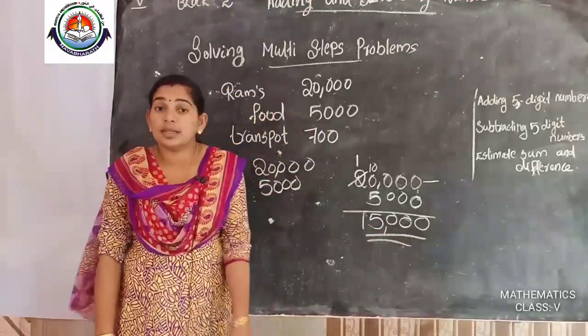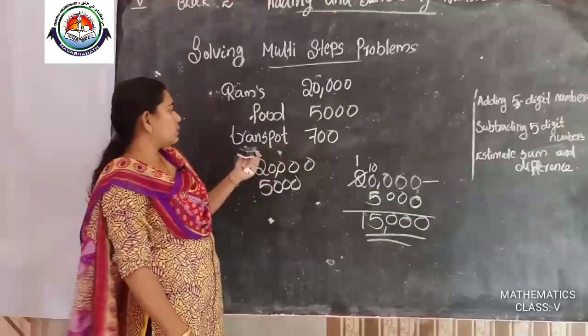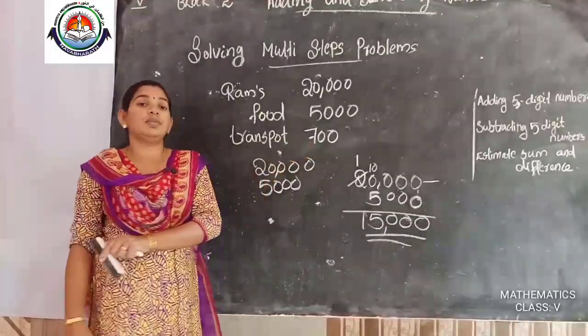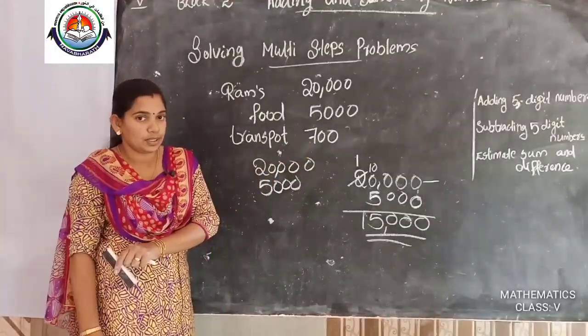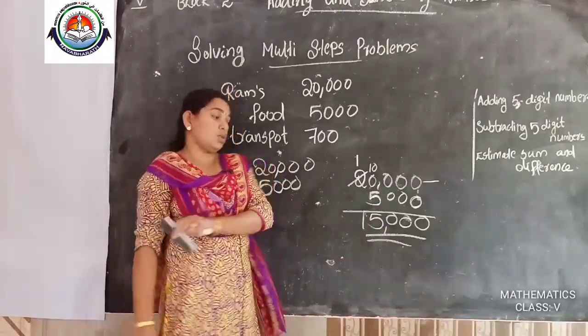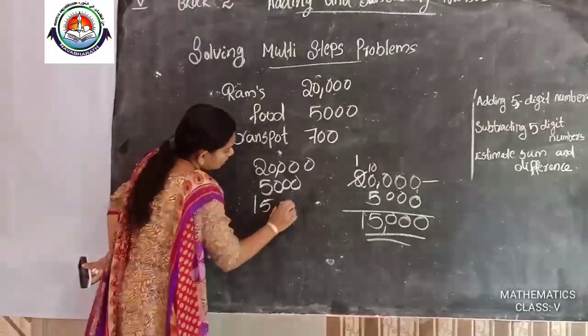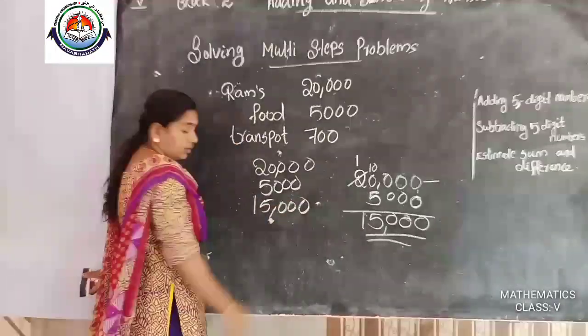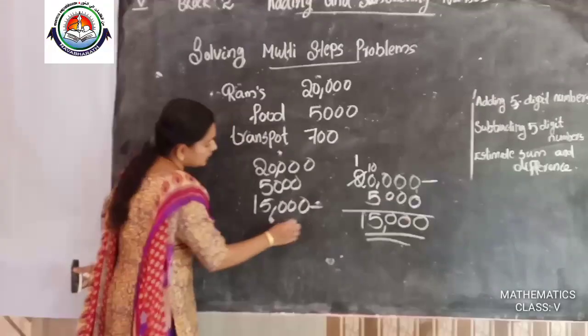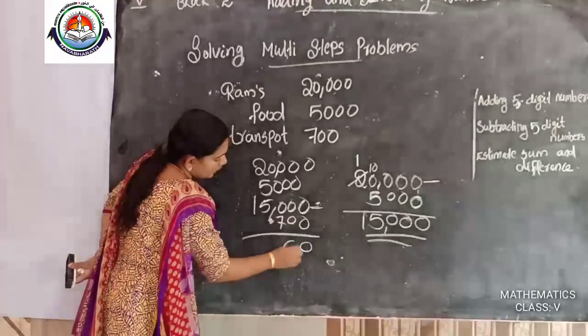How much rupees do you have? 15,000. Then he spent 700 rupees for his transport. So again we want to subtract this 700 from the 15,000. We do 15,000 minus 700.